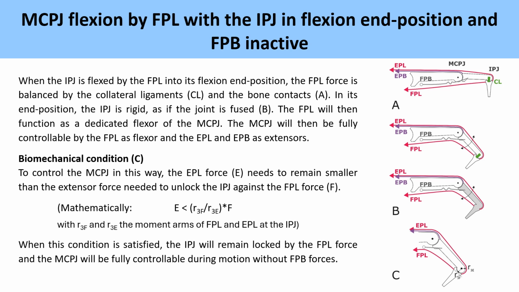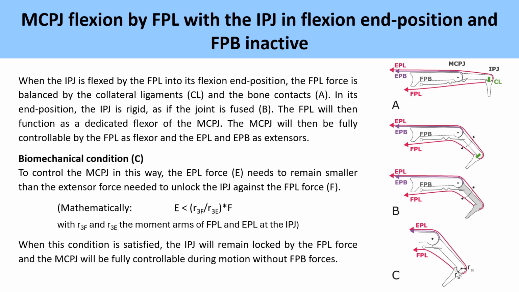In this end position, the IP joint is rigid as if the joint is fused. The FPL will then function as a dedicated flexor of the MCP joint. The MCP joint is then fully controlled by the FPL as flexor and the EPL and EPB as extensors.